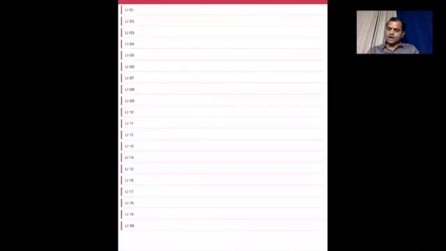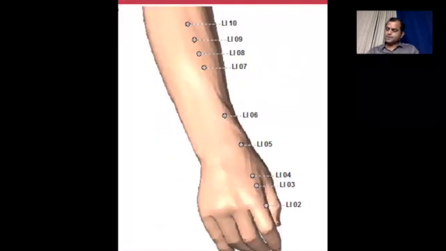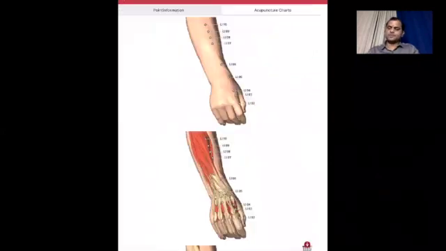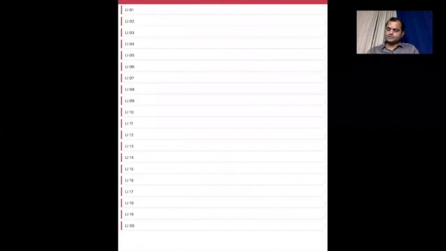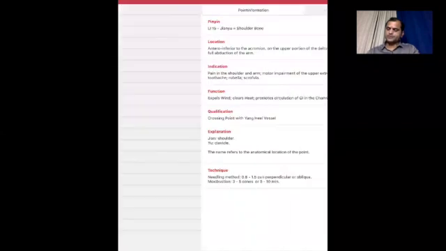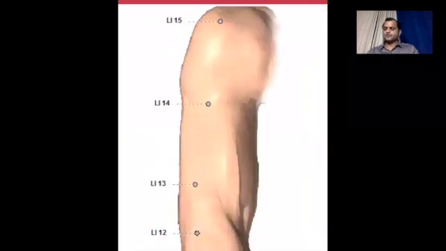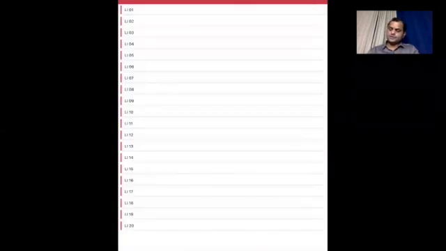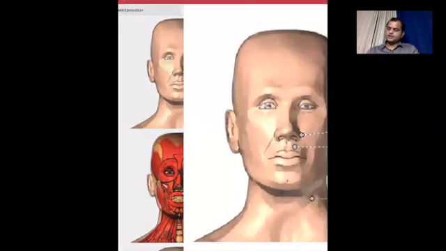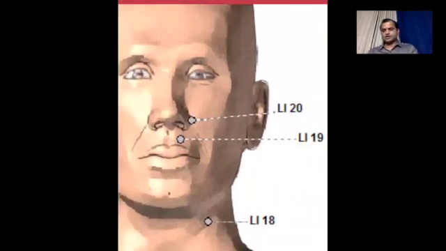Then it is crossing the arm and going from the frontal side of the arm, because this has the responsibility to supply the frontal part of the body, even the frontal part of the shoulder joint. And finally, it is ending on the frontal side of the face, just near the nose. LI20 is the last point of the large intestine meridian. So we have a total of 20 points in the large intestine meridian.